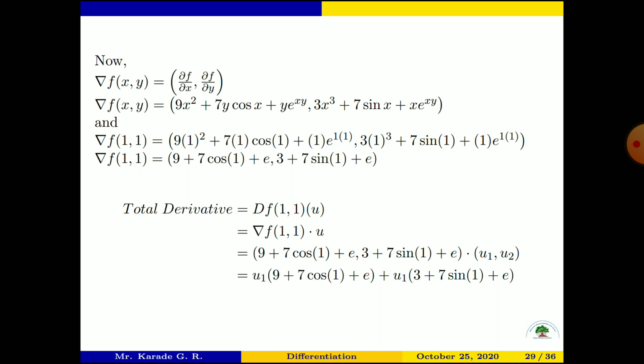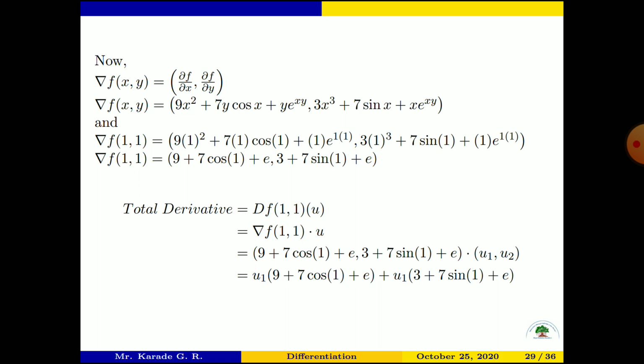Thus the total derivative of f at point 1 comma 1 in the direction of vector u is equal to the gradient of f at point 1 comma 1 dot product with vector u. So the gradient of f at point 1 comma 1 is calculated above, and we take a dot product with vector u, and vector u is u1 comma u2.